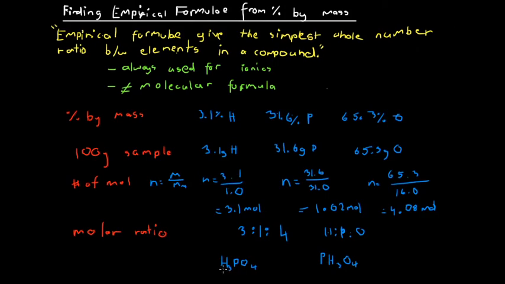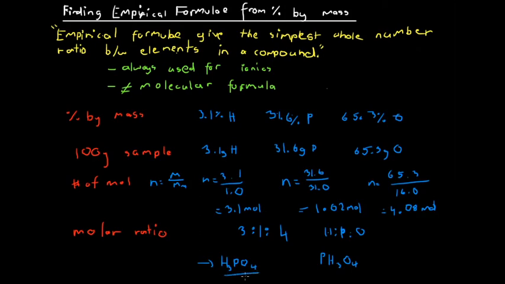PH3O4 is similarly a correct empirical formula, but we know that phosphoric acid is always written as H3PO4, so we can rewrite it like this.